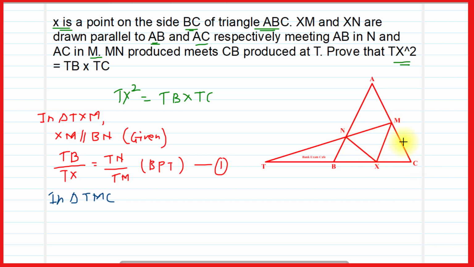This NX is parallel to MC, and therefore by the basic proportionality theorem we can say that TX upon TC is equal to TN upon TM. This is also by the basic proportionality theorem. Let this be number 2.